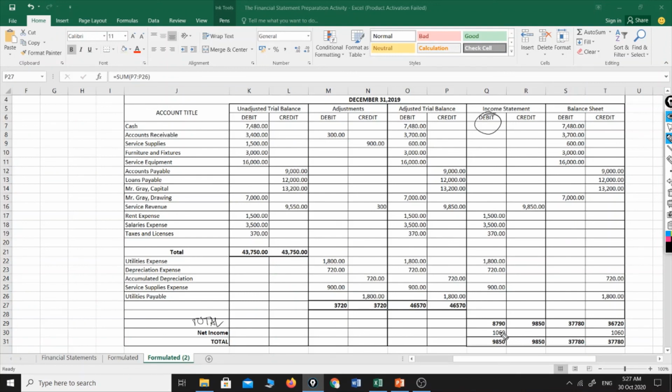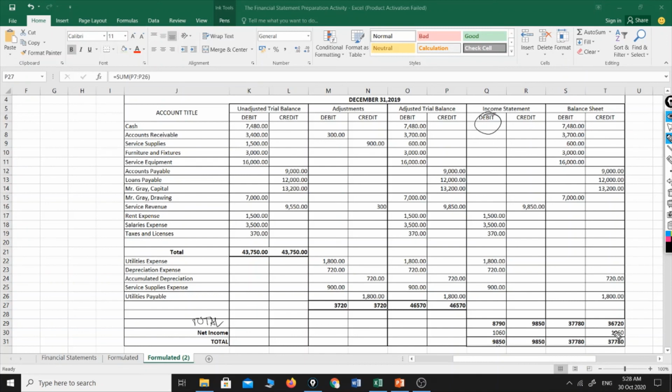So we add 1,060 and then have its sum. So we have a total amount of 9,850. Same with the credit, we have the total amount of 9,850. For the balance sheet, of course, we add the net income to the column that has a lesser amount.